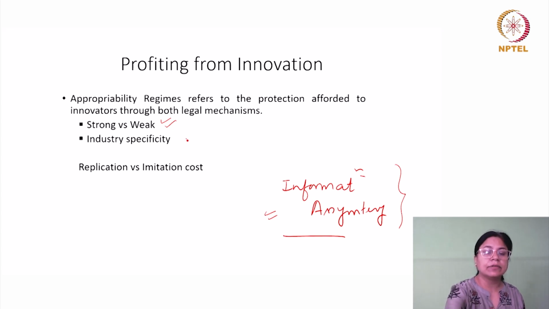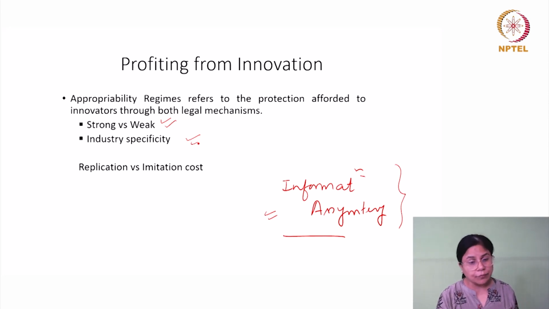Another aspect we have discussed with respect to patents already is the industry specificity. Here also you will find that in case of chemical and pharmaceutical sectors, a lot more licensing is supported through the patents, and cross licensing also happens as such. Now, when you are talking about appropriation through licensing, it has been pointed out in the research that it works best when there exists a substantial gap between the replication and the imitation cost.